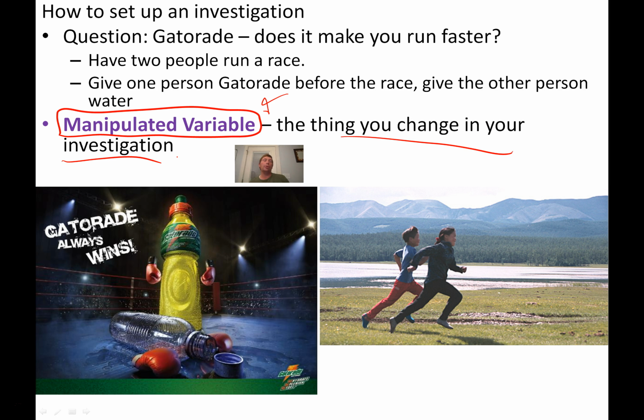One thing that's important to know about a manipulated variable is there should only be one thing that you change between the different things that you're testing in your investigation. So in this case, the thing that was different, one person got Gatorade, the other person got water. That would be called a manipulated variable. That is what we're changing in order to see what the results are.